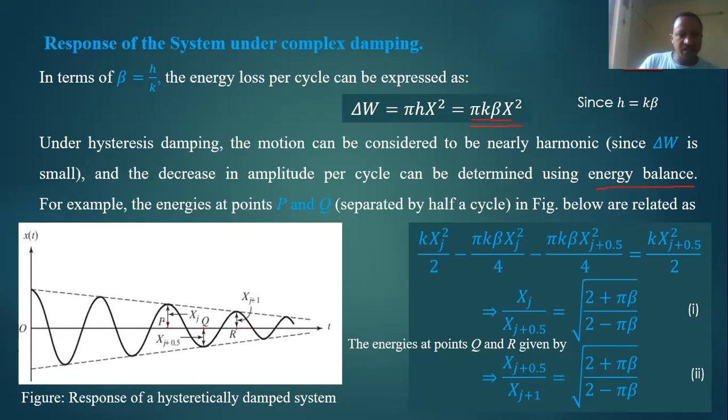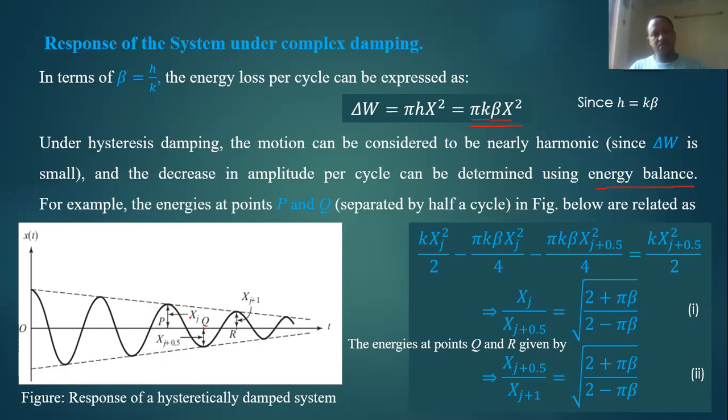So initially, let's consider this amplitude as xj. And then after half cycle, we can get this as xj plus 0.5. That is half cycle. And after a full cycle, we get amplitude xj plus 1, still decreasing amplitude.